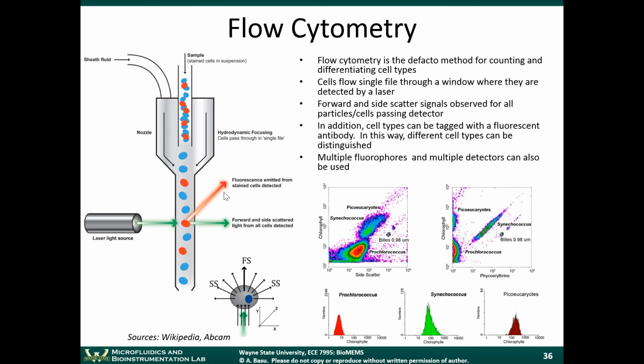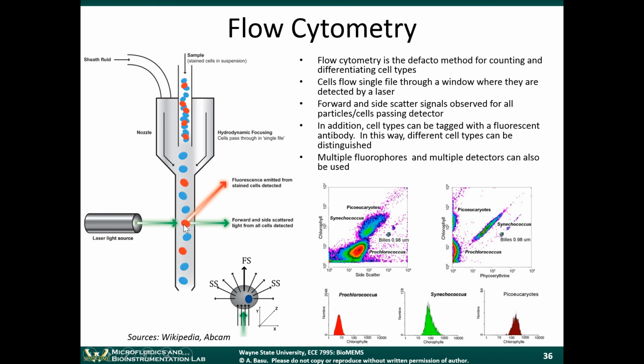So in this case, the cells are stained with a fluorescent dye, and that causes the cell to glow a certain color when it is excited. In this particular example, this diagram, they're showing that the cells have a red fluorescence that's emitted. You shine green light at the cells.